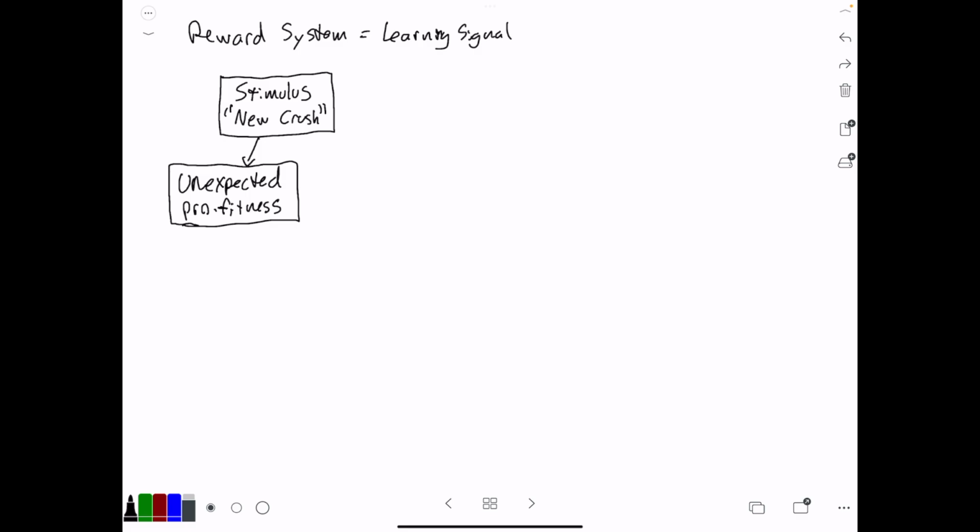And this is processed and determined by, right, the brain. So the brain processes this information.